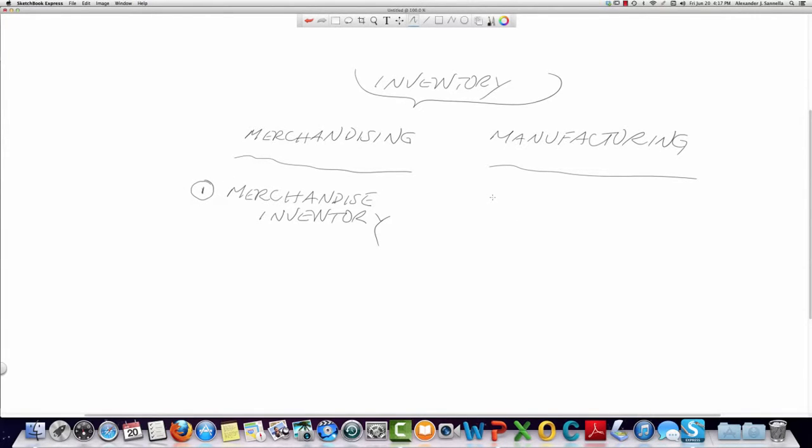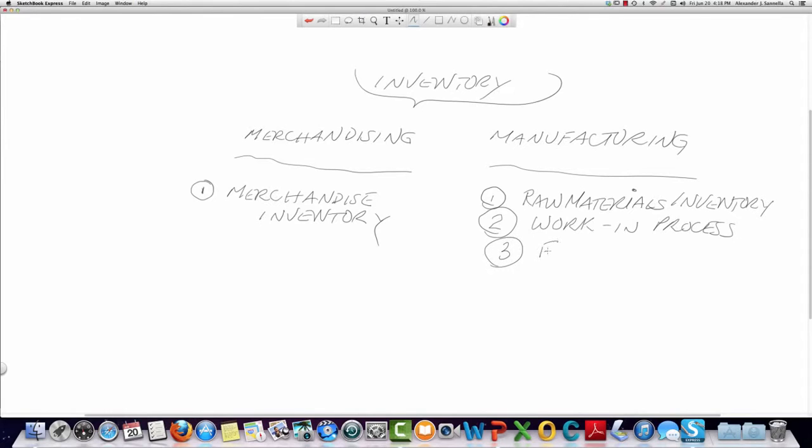But for a manufacturing entity, you have three types of inventory. You have raw materials, which are the components into the manufacturing process. You have work in process. And again, these are inventories. And the third is the finished goods inventory.